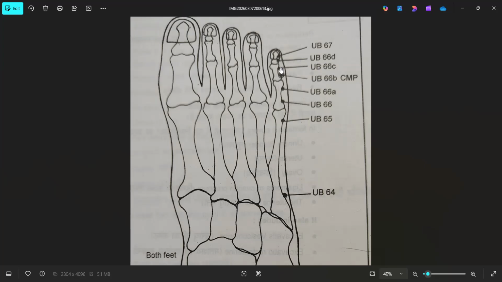So if the residual urine is more, then you should tonify UB66C in case of elderly people, especially males where the prostate has enlarged. This can help to some extent, whatever is the capacity of the muscle, it will increase the innervation.